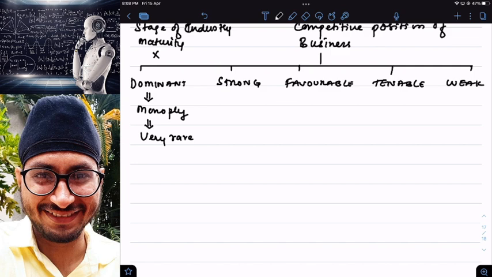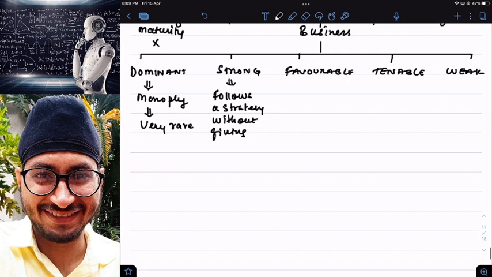Then we have strong. A strong company always prepares its strategy without giving much consideration to rivals. Means I will prepare my own strategy, sir. I am least bothered about my competitors.